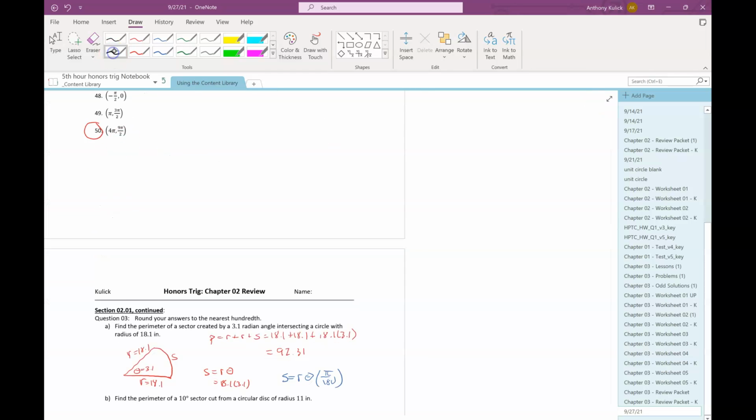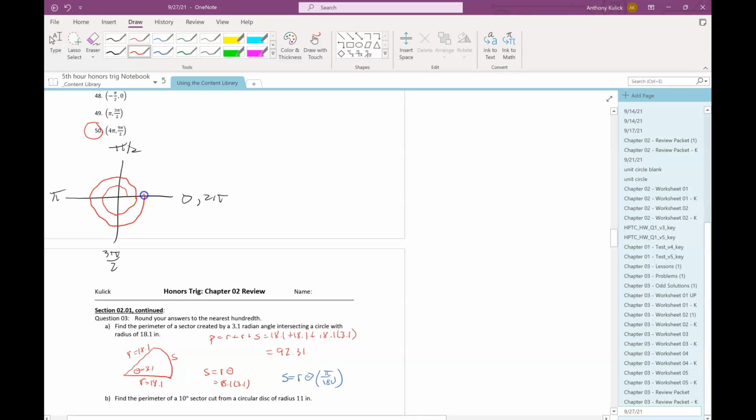So let's draw ourselves a picture here and figure out what quadrant we're talking about. Remember, these are 0, pi over 2, pi, 3 pi over 2, and back to 2 pi again, and so on to 4 pi. We're looking at quadrant 1, where both x and y are positive.